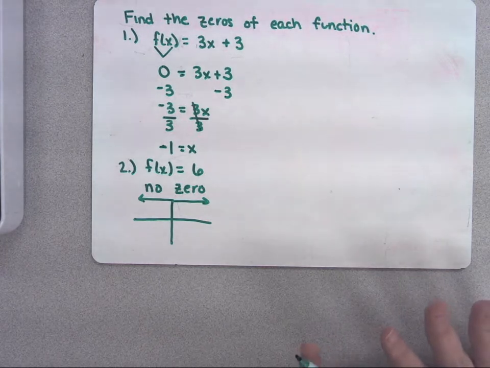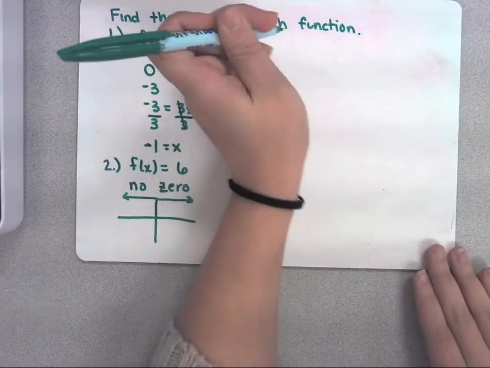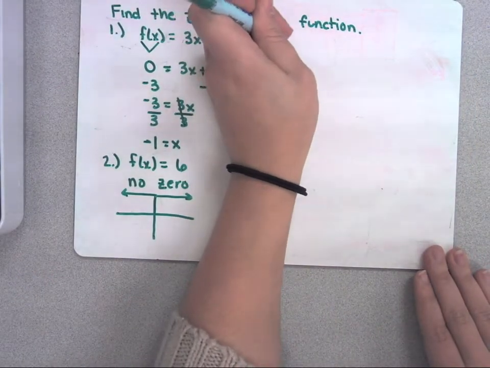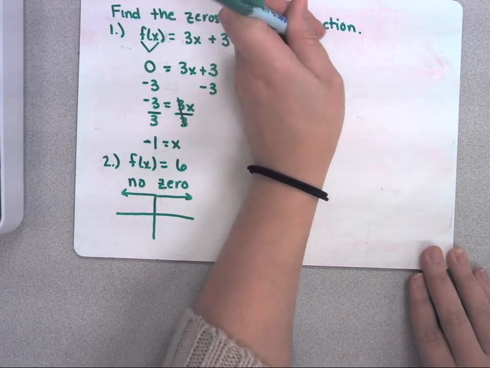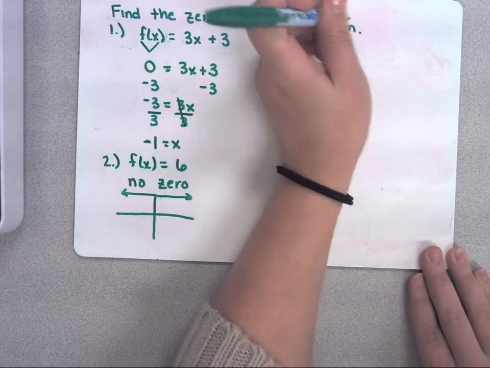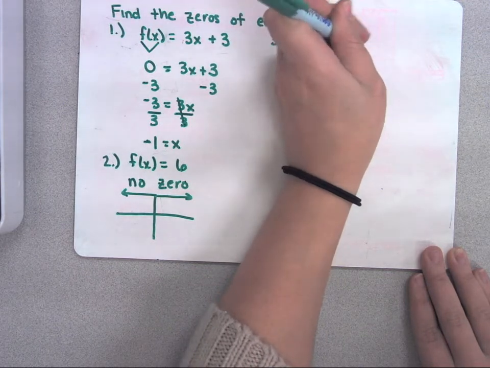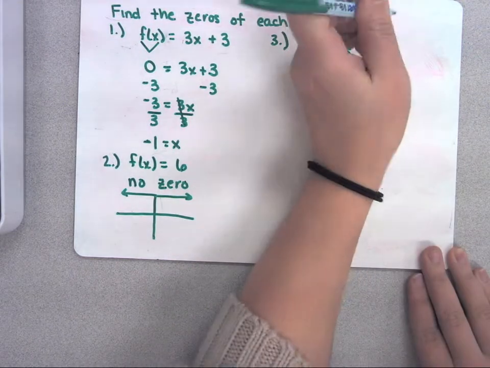Make sense? Let's do one more and then we'll mess with our calculators. Number 3. How about f of x equals 2/5 times x plus 6.